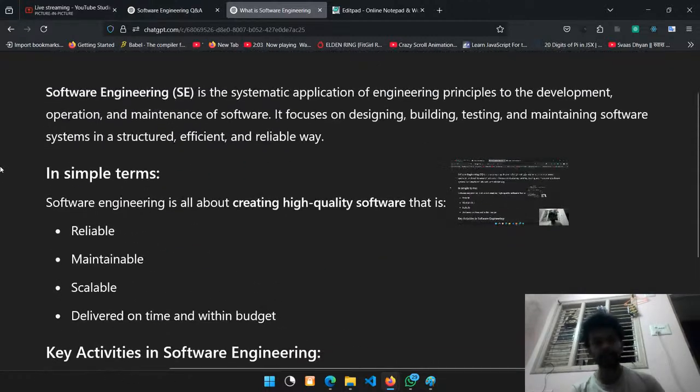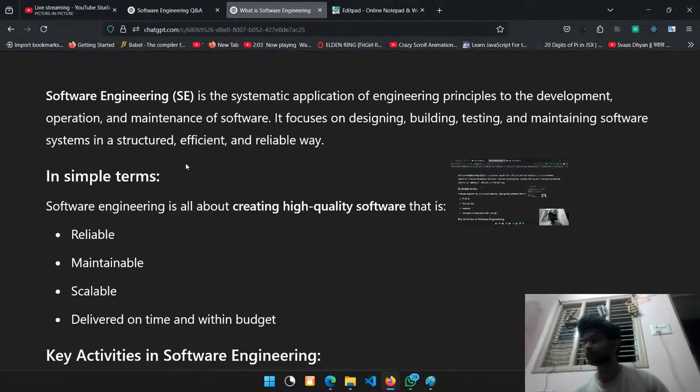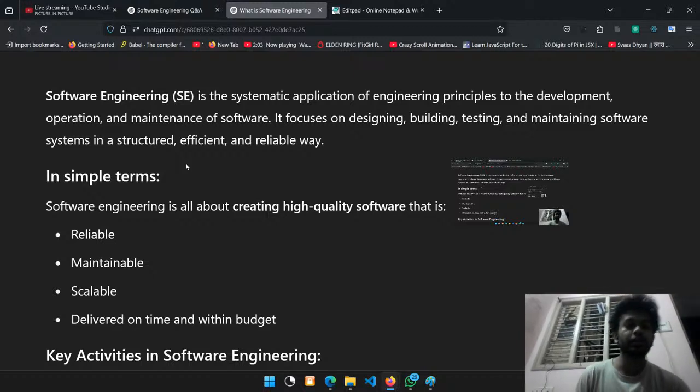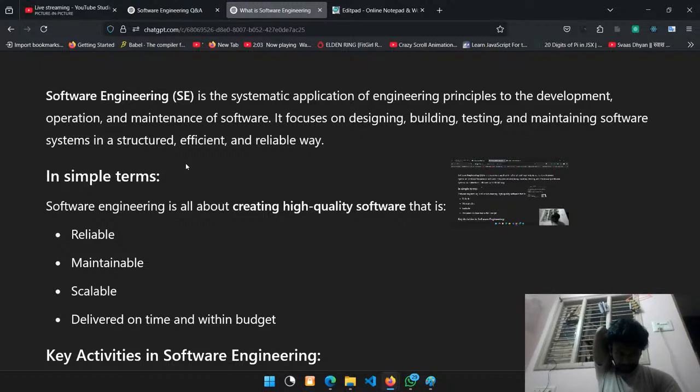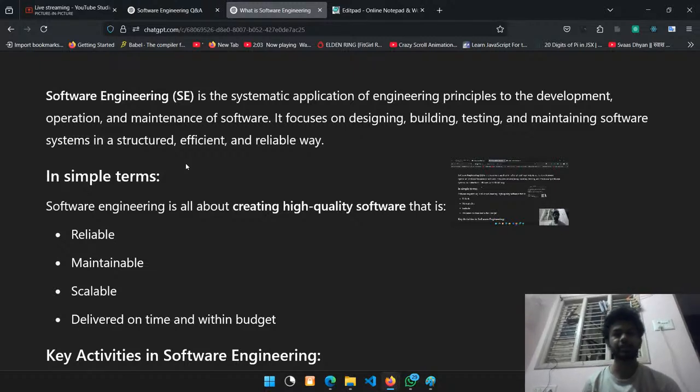So it's a bit weird, to be honest. Software engineering is a systematic application of engineering principles to the development, operation, and maintenance.